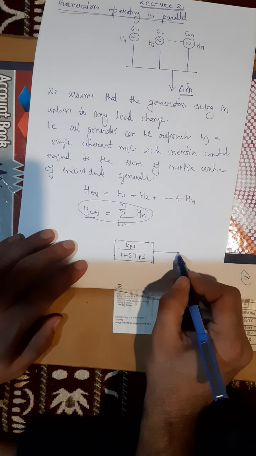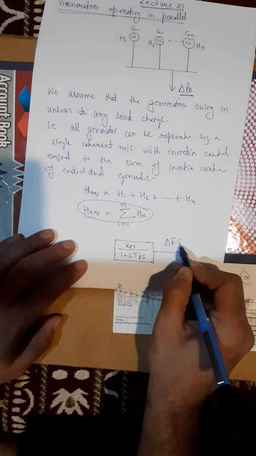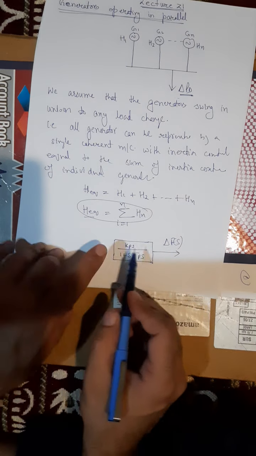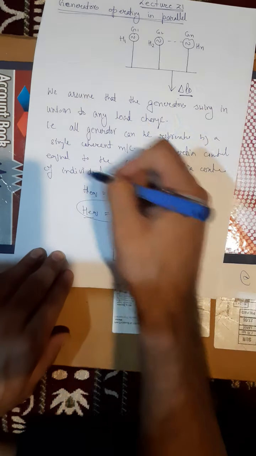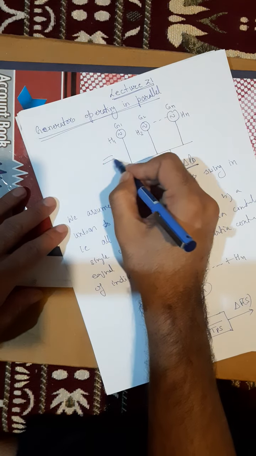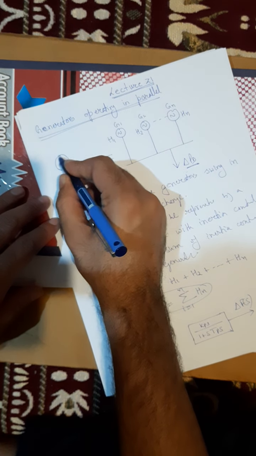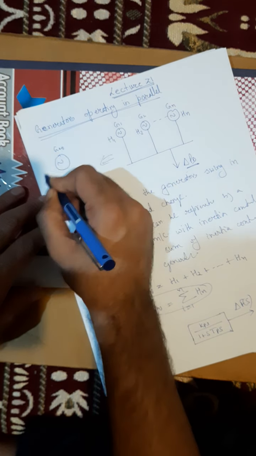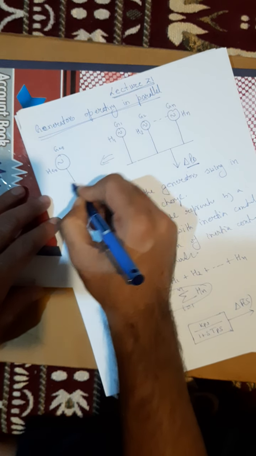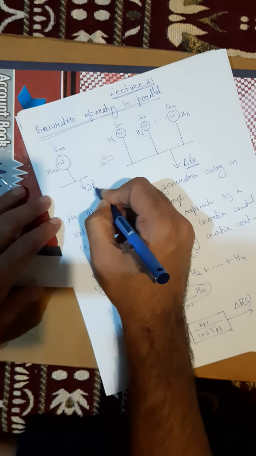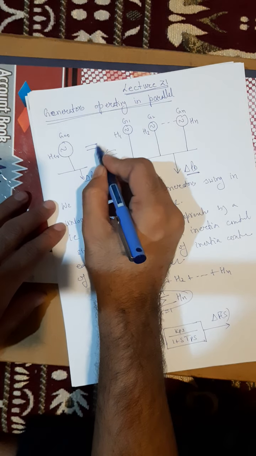The output of the machine is delta Fs. This single equivalent generator, whose inertia constant is given by H equivalent, is supplying the load delta Pd. So they are both equivalent.